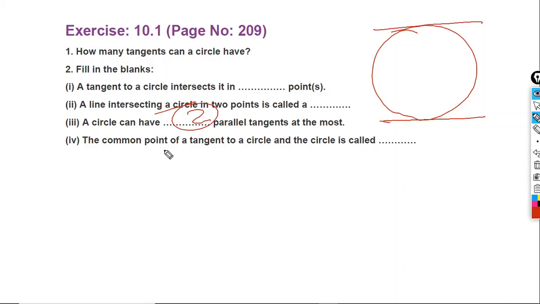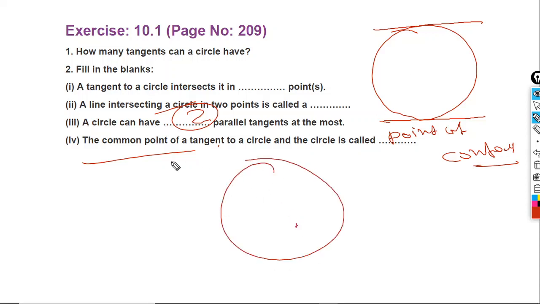The common point of a tangent to a circle and this circle is called what? It is called the point of contact. So we'll take a circle and draw a tangent to it.